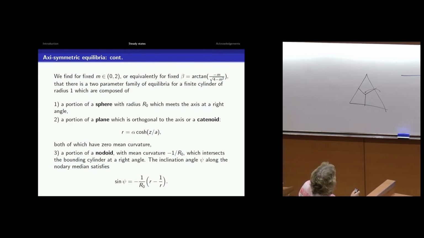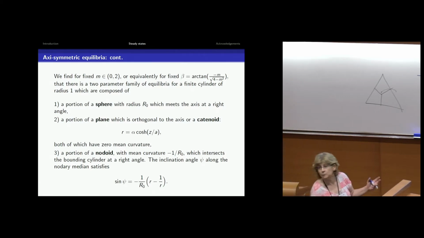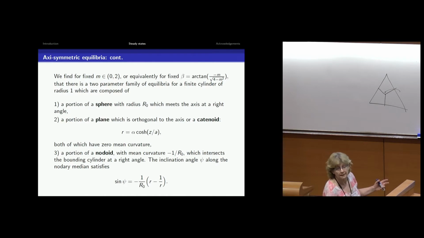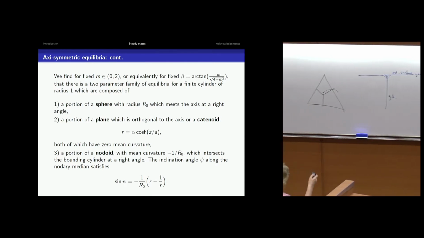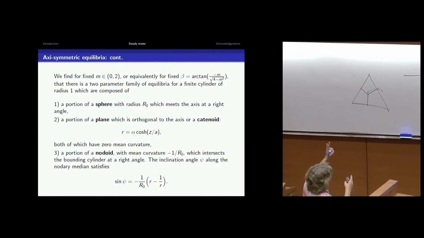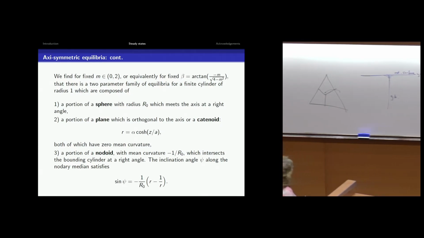So we're looking here for fixed m between 0 and 2, m equals 0 trivial, m equals 2 being total wetting. And then we've reformulated in terms of this beta, which is written here. That's 2 pi minus the dihedral angle, divided by 2.